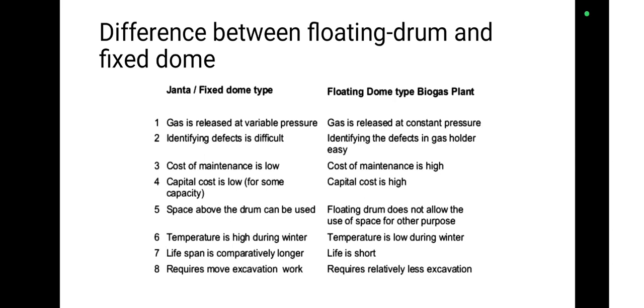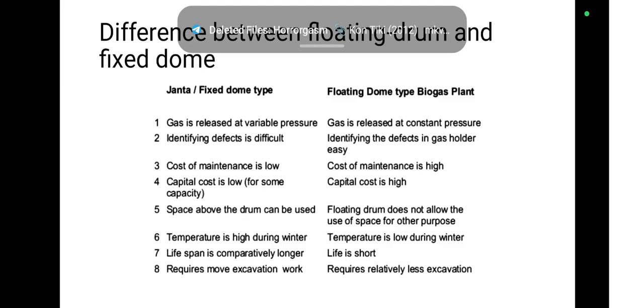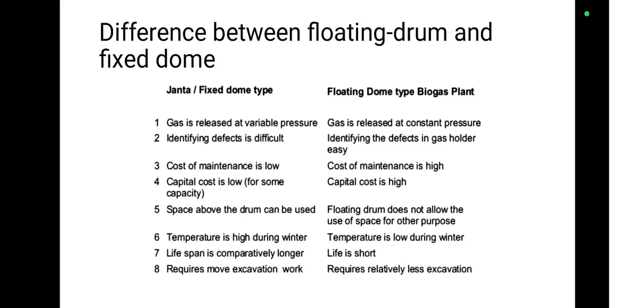Because once the gas is produced, it is collected through the gas holder, then the gas flow is constantly supplied to the required outlet through the gas holder valve. Then the next point: identifying defects is difficult in the fixed dome type, whereas in the floating dome type, identifying defects in the gas holder is easy because the gas holder floats above ground level.